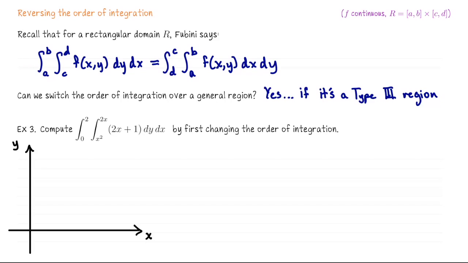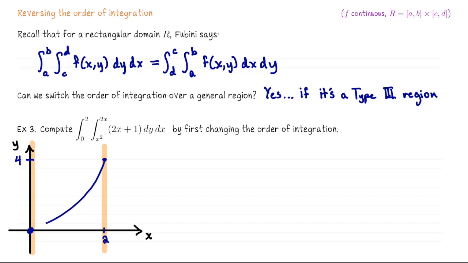Okay, x is bounded between 0 and 2. y is bounded between x squared and 2x. So for x squared, when x equals 0, y equals 0. So we're going to pass through the origin for that first curve. And when x equals 2, y equals 4.